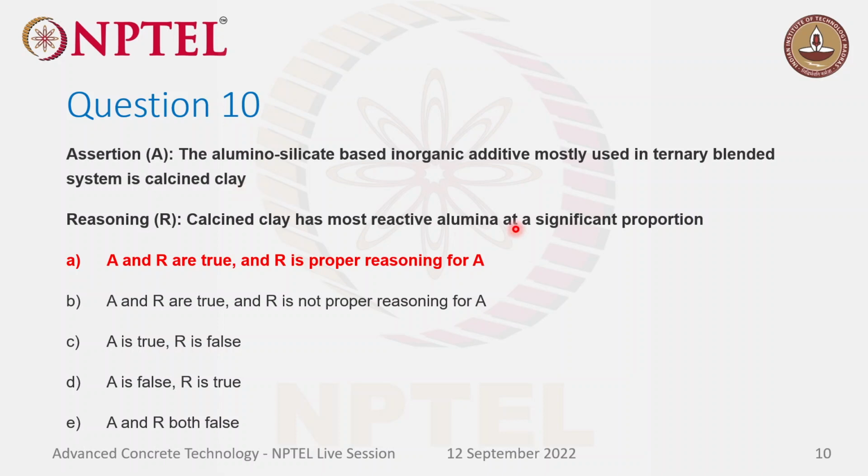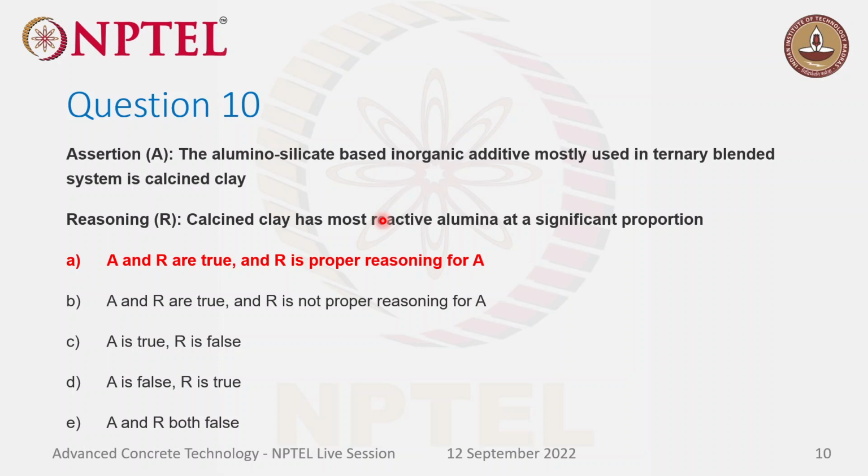So when it comes to a ternary blended system, we are going to replace more cement, more than 20-30%, right? If it's a binary blended system with fly ash, how much do we replace? Normally from 25 to 30%, right? So in that case, it's fine. But if it's going to be a ternary blended system, then the replacement will be around 40 to 50%.